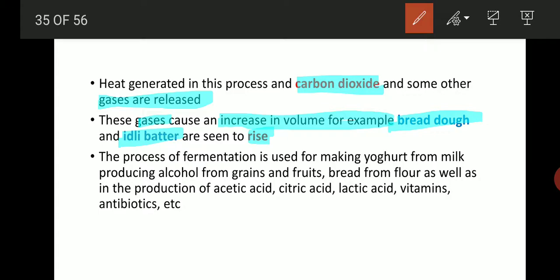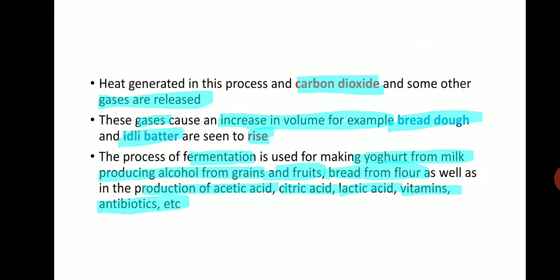The process of fermentation is used for making yogurt from milk, producing alcohol from grains and fruits, bread from flour, as well as in the production of acetic acid, citric acid, lactic acid, vitamins, antibiotics, etc. So for this year, you just remember the definition of fermentation.